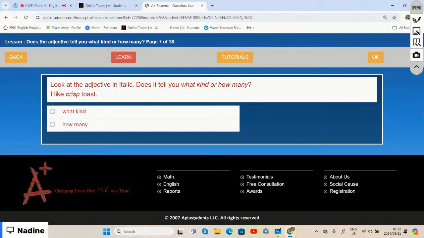Look at the next one. It says, I like crisp toast. We need to say, does it tell you what kind or does it tell you how many?